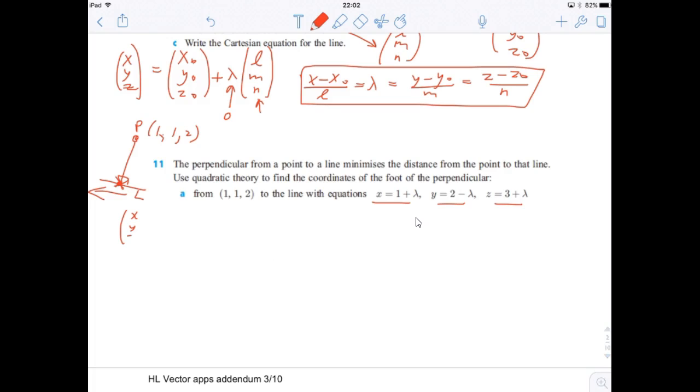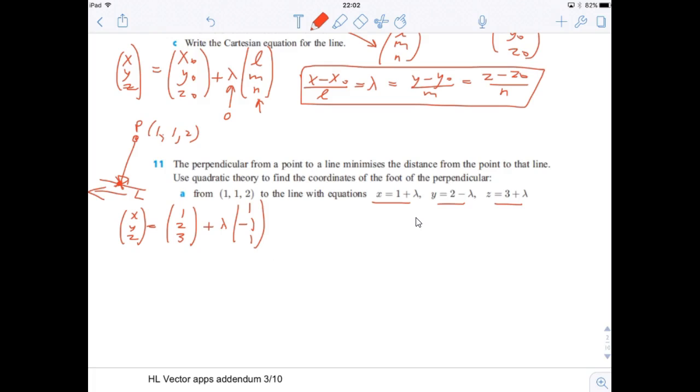So x, y, z, where I arrange the parametric equation in vector form: 1, 2, 3 plus lambda times 1, negative 1, 1, because this has 1, negative 1, and 1. So the direction vector is 1, negative 1, 1.